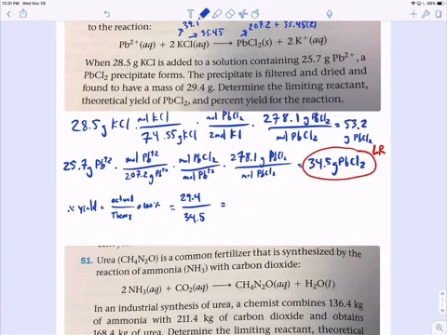I'm getting 85.2%. And there is the percent yield.